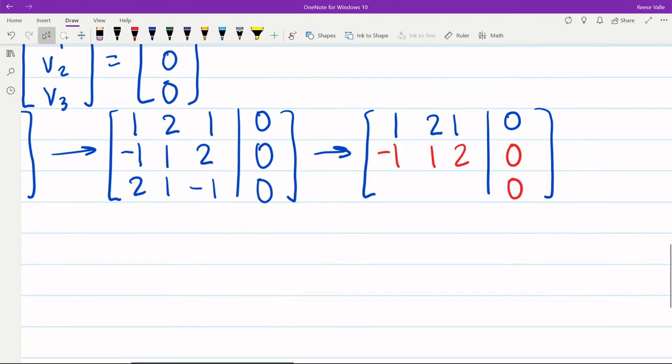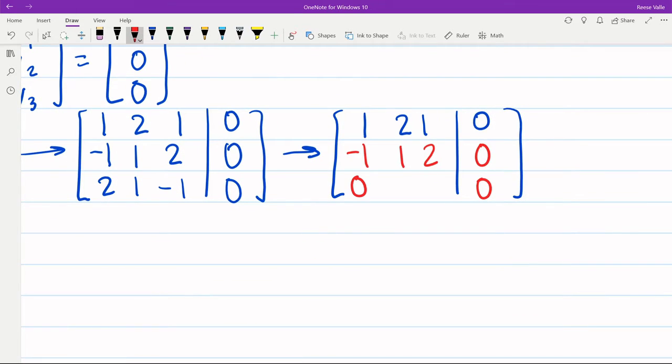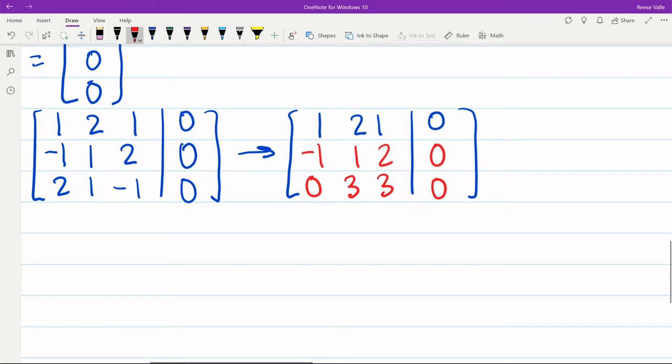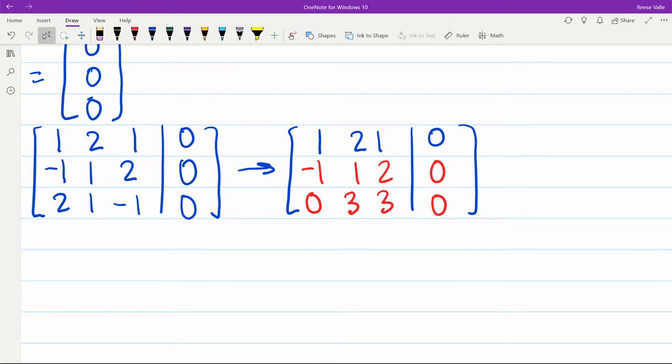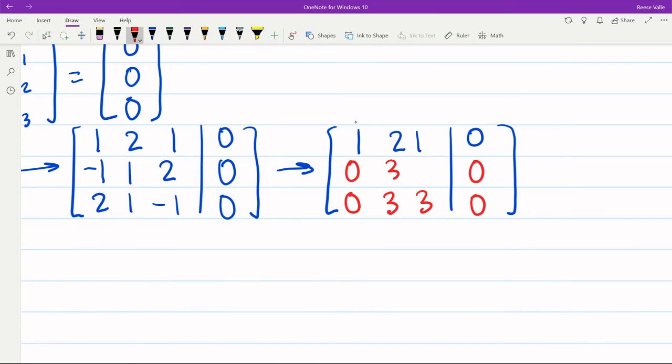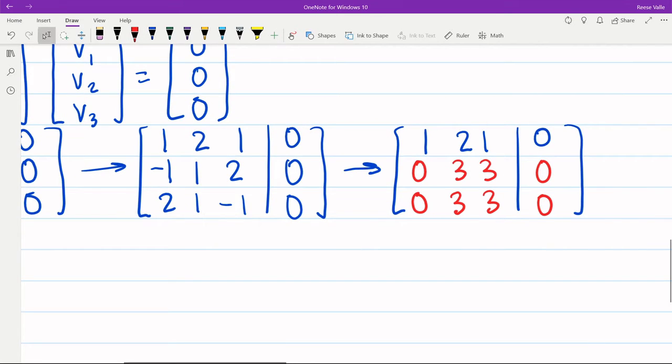This is going to be 0, and then it's going to be 3. This is going to be 3 as well, and then you're going to combine the second row with the first row. So that just turns into 0, 3, 3. I'll just write it right here just so you can see.